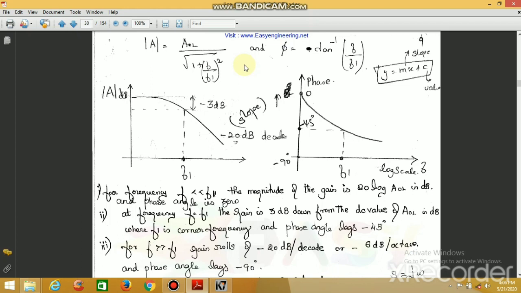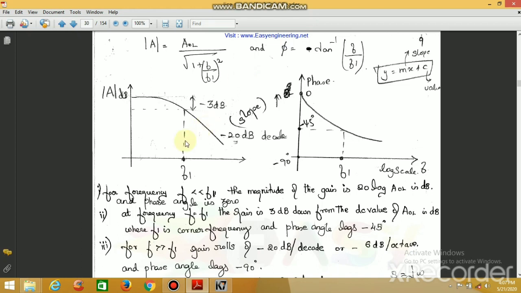These two equations are the two parts: one is the magnitude part and the other is the phase part. We can discuss the magnitude response and the phase response of the frequency one by one.